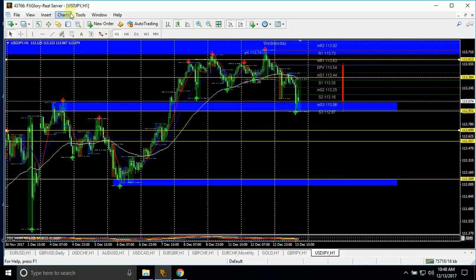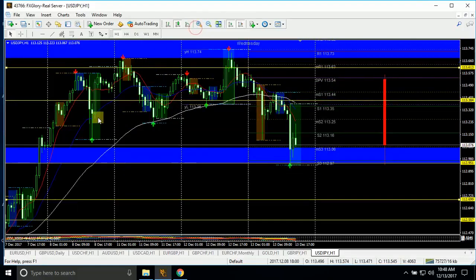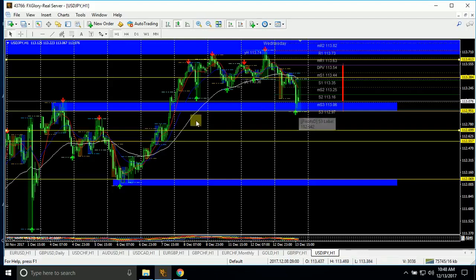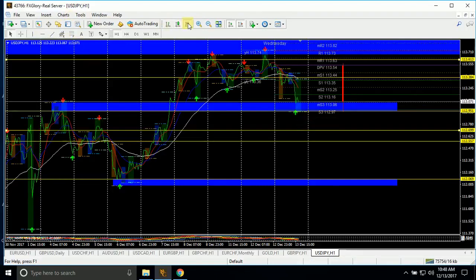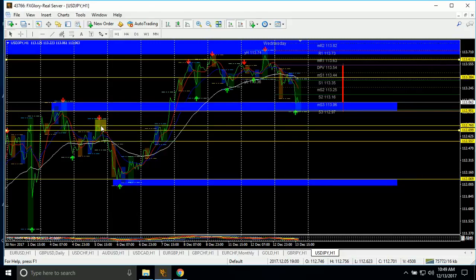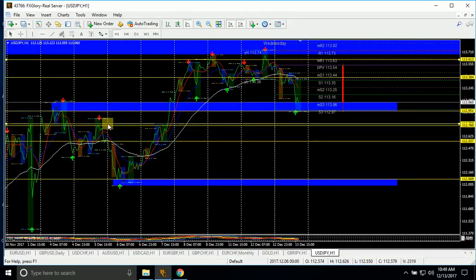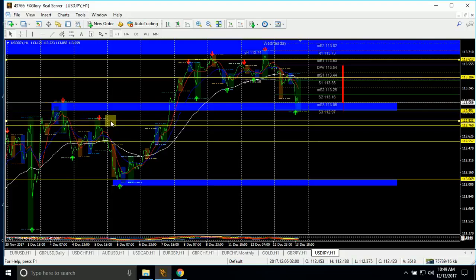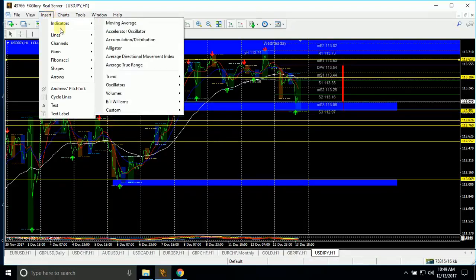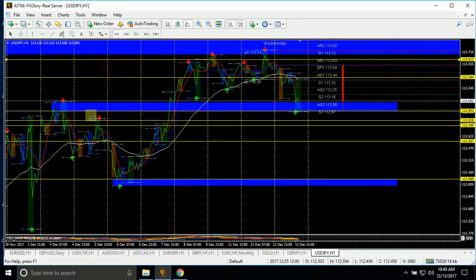Mind you, our next area below here would be here. And that would look something like this.